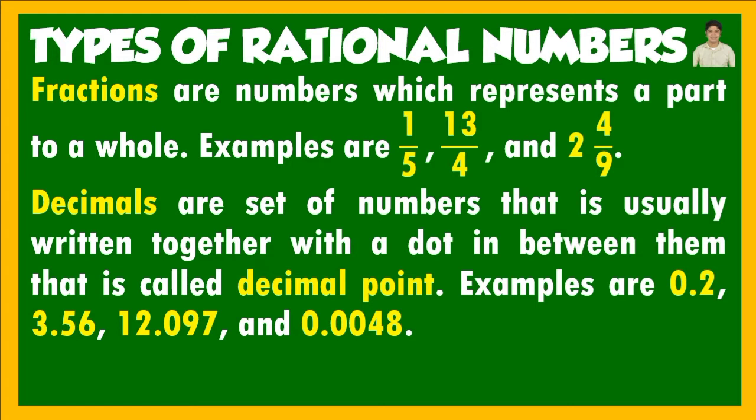Examples are 2/10, 3 and 56 hundredths. So, dito, 3 is a whole number. And then, yung decimal portion niya is yung 56. Ayan, 56 hundredths. 12 and 97 thousandths. And 48 ten thousandths. So, those are examples of decimals.